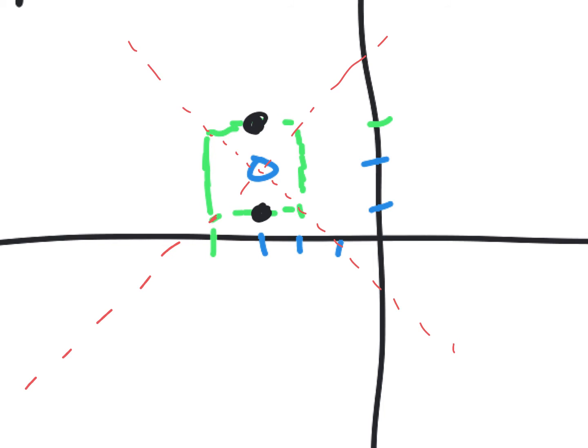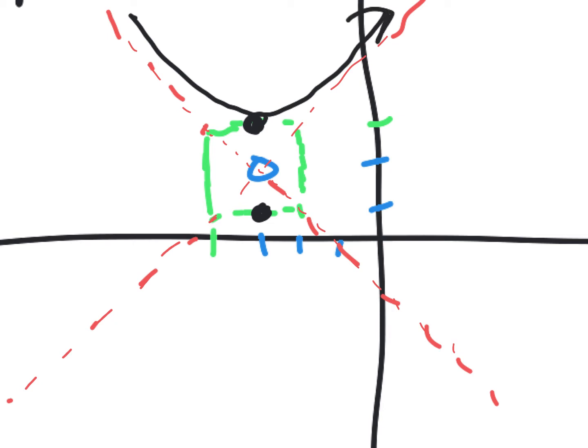And now I'm going to pass through the vertices and approach these asymptotes. Okay? All right. And these are symmetric, although my graphs don't look like it.